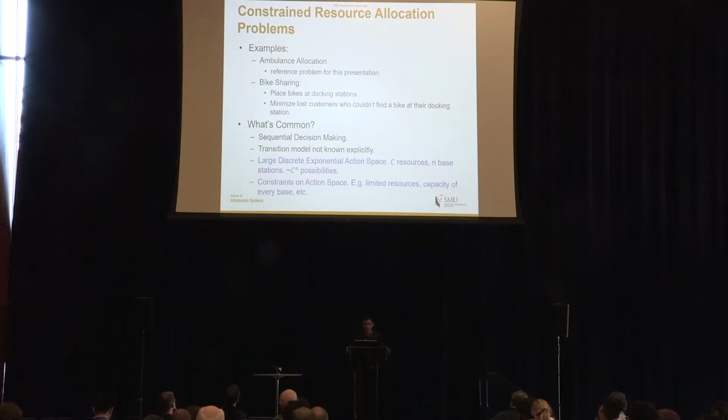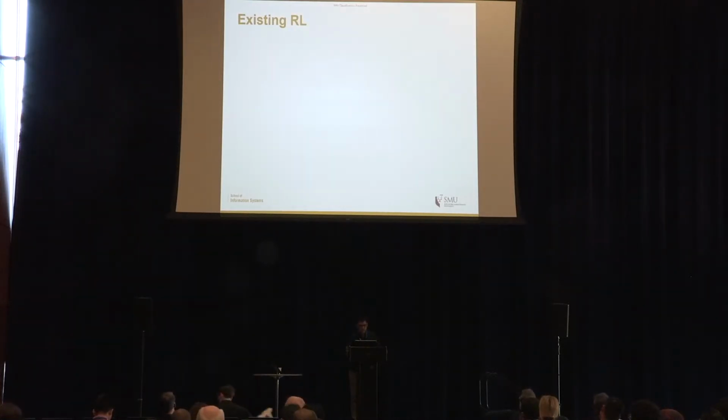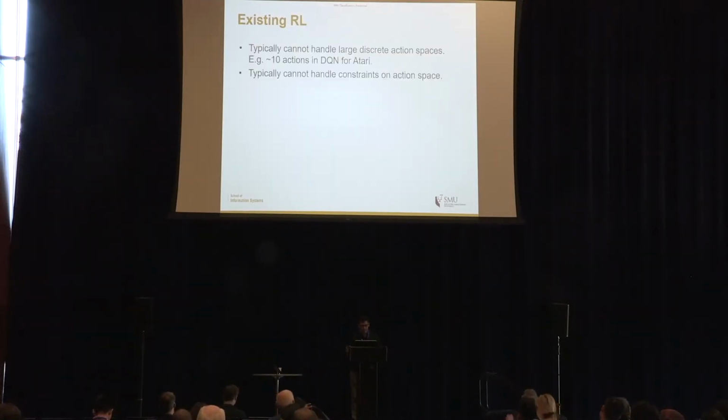If you have C resources and about n base stations, then you would have about C to the power n possibilities at every time step. And there are constraints on the action space as I described. The existing reinforcement learning approaches are typically not designed to handle this many actions. For example, DQN for Atari handles about 10 actions. And they are typically not designed to handle constraints on the action space.